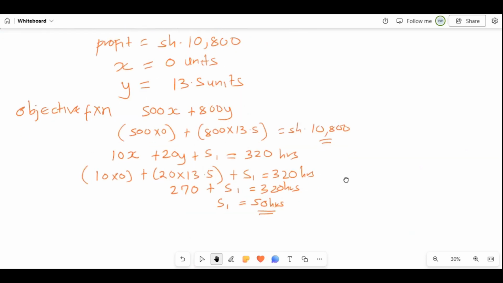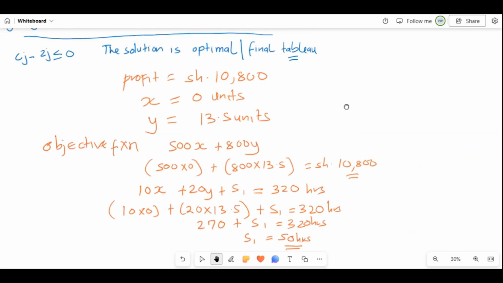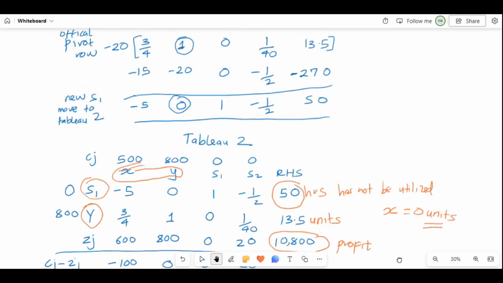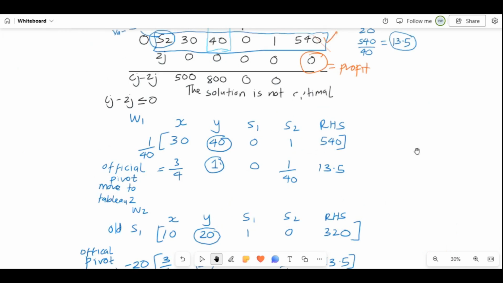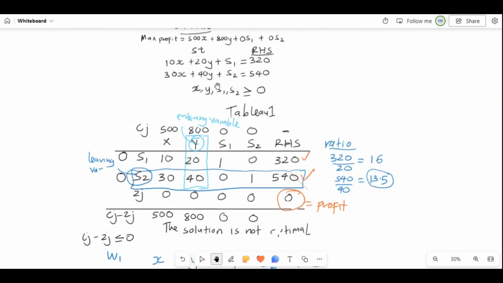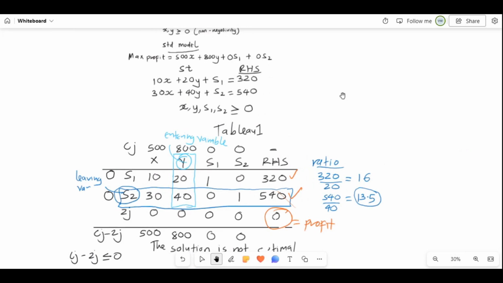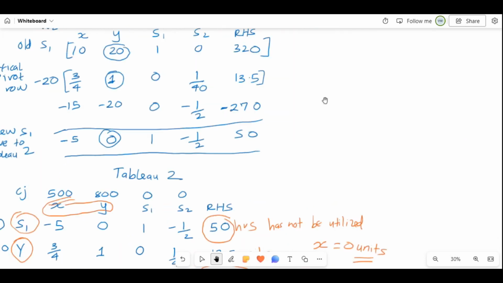Let's also try the same for the second constraint. Our second constraint was 30x plus 40y plus S2 is equal to 540.